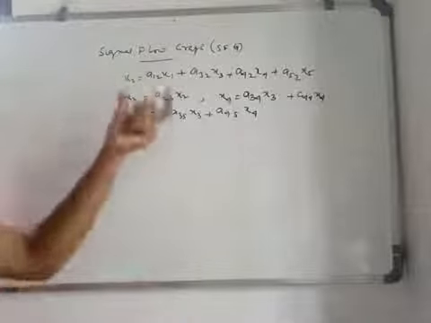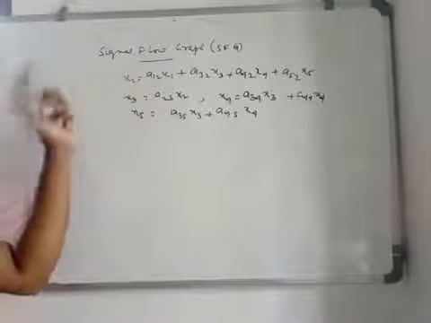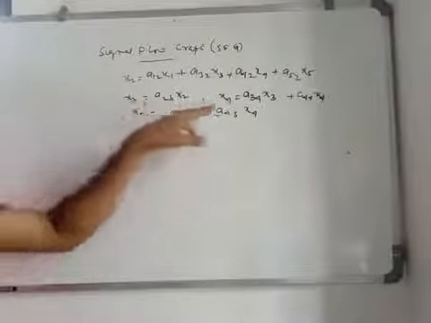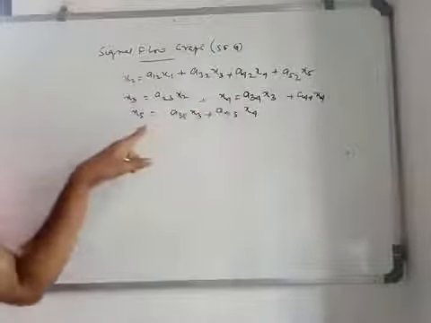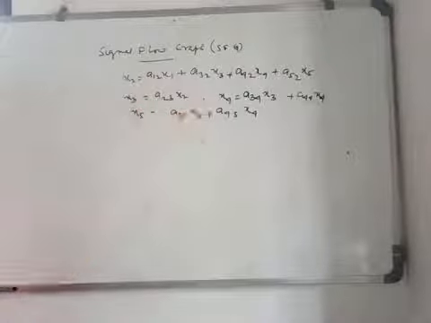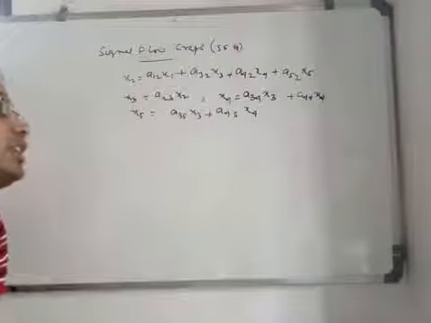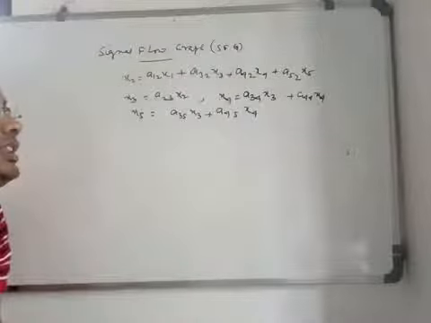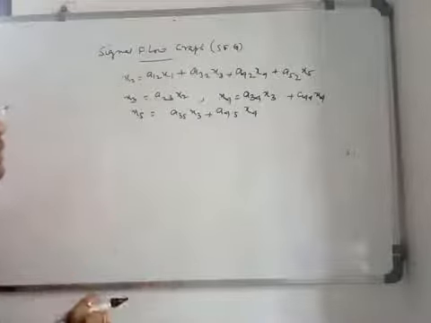So here you can see the set of linear algebraic equations. This is one equation, this is another equation, this is another equation. That means there are four algebraic equations having different variables which are related by algebraic equations.